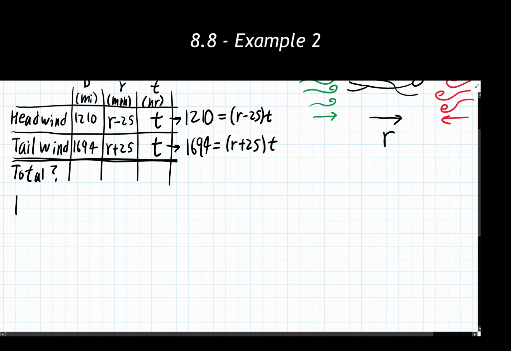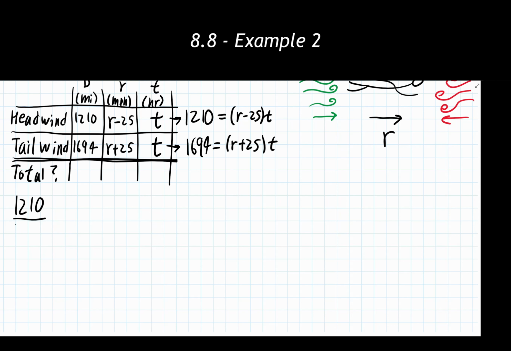My first new equation is going to be 1,210 divided by r minus 25 equals t. And then the other one is going to be 1,694 divided by r plus 25 equals t.